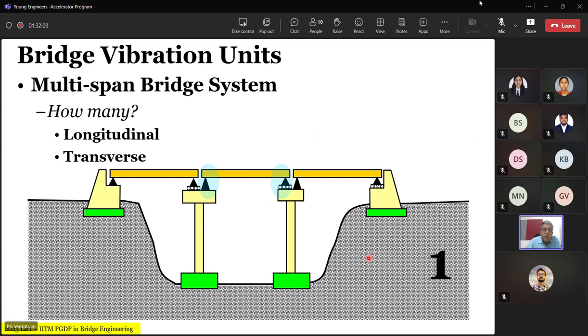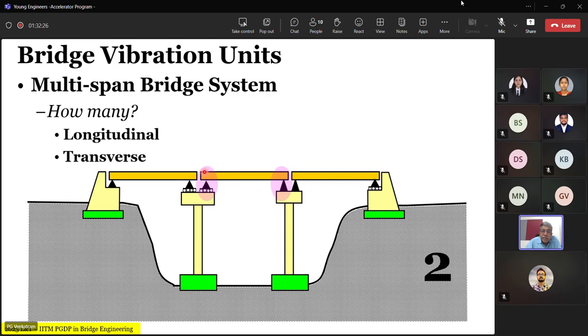Okay, now how many? If you have this arrangement, that means you have a pier with pin, roller, pin, roller, pin, roller. So you have a connection here. So how many bridge vibration units are there in this?